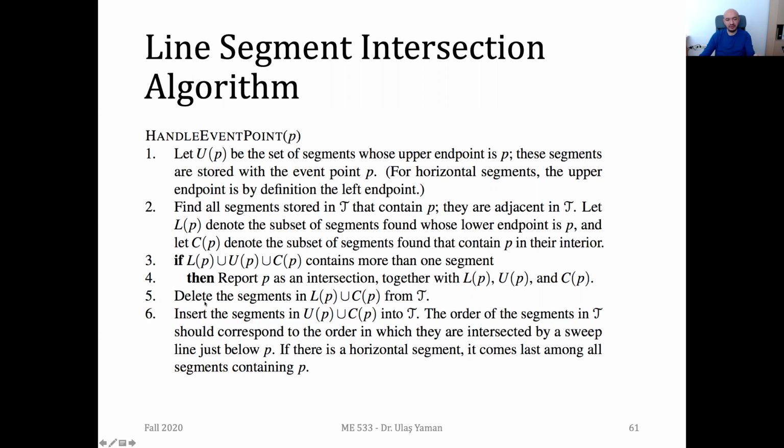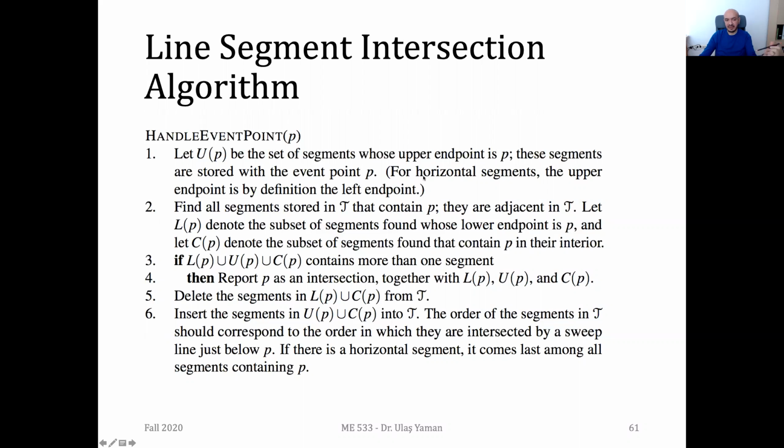And then we will be deleting the segments in L of P and C of P from our status data structure, but not the U of P. And then later we insert the segments in the union of U of P and C of P into the status data structure.